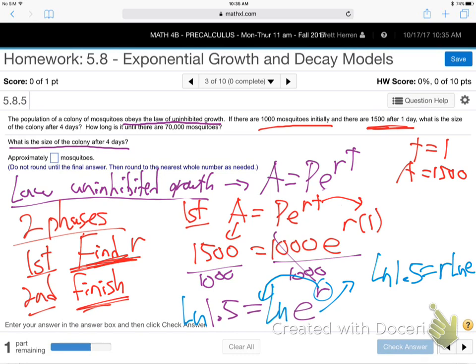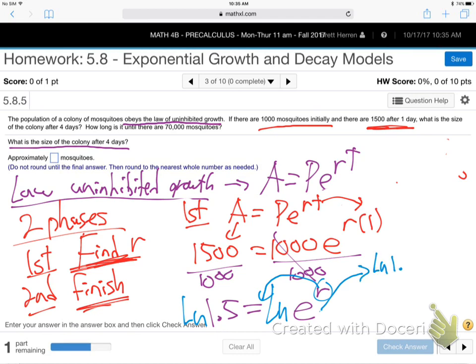That's kind of hard to read, huh? Let's see if I can get some more room here. So ln 1.5 is R ln e. I don't know if that's any better at all. But we're good to there. ln 1.5 is R ln e, because the R came down to the front.